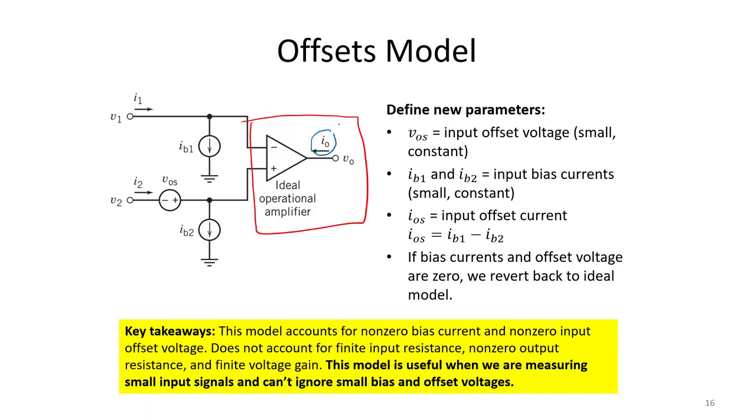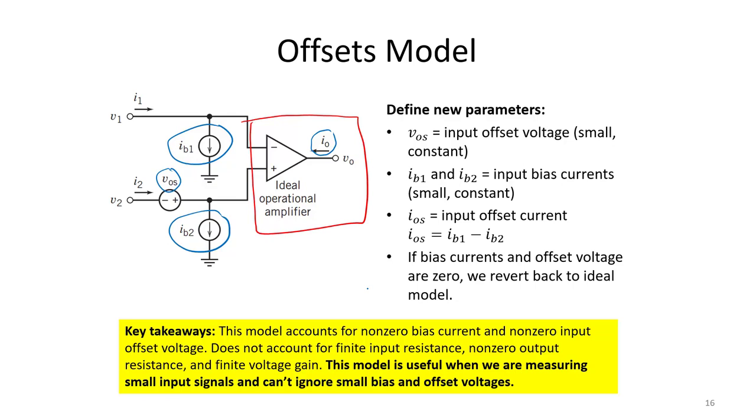We have added this offset current, and notice now our input currents I1 and I2 have these other input bias currents running through them. Notice that if we were to set these currents and this offset voltage to 0, we would actually return back to the ideal model.